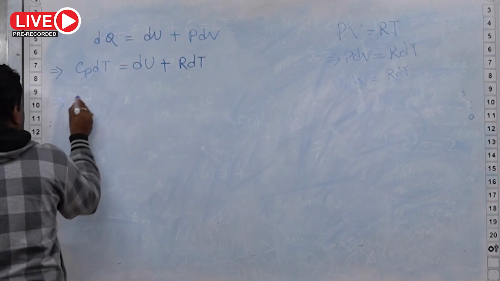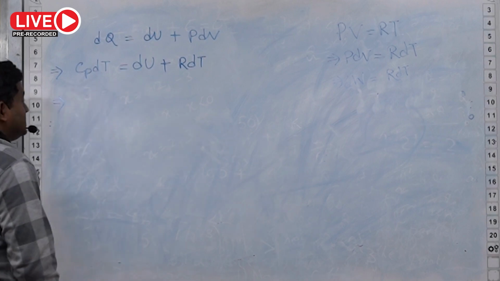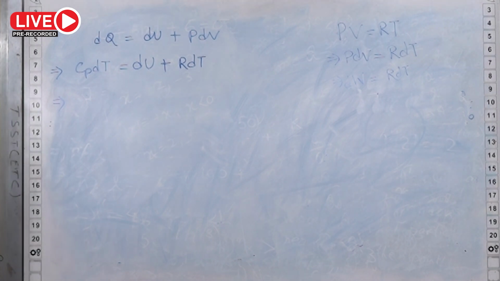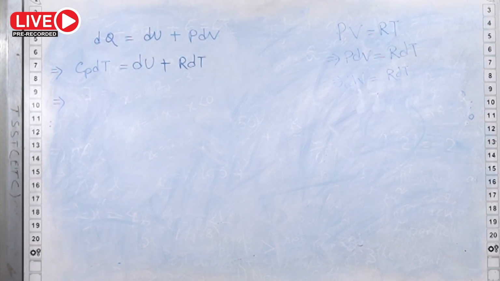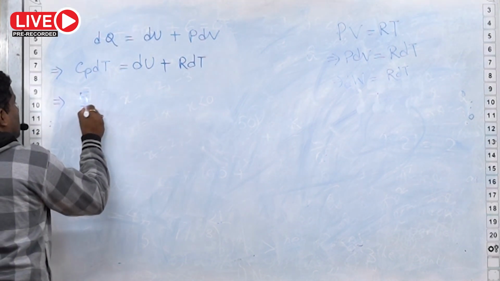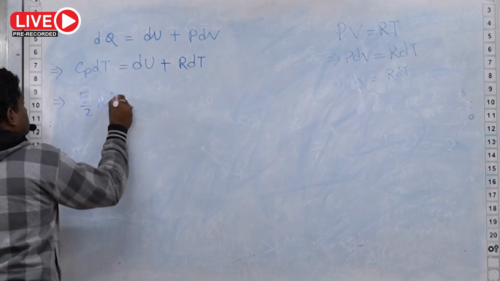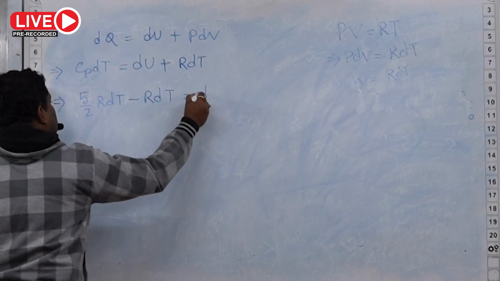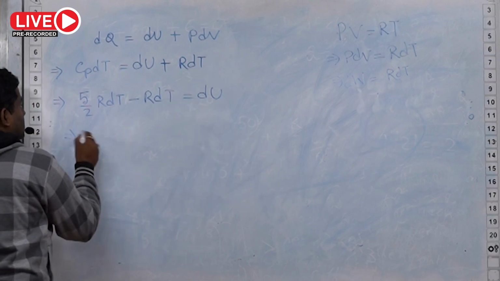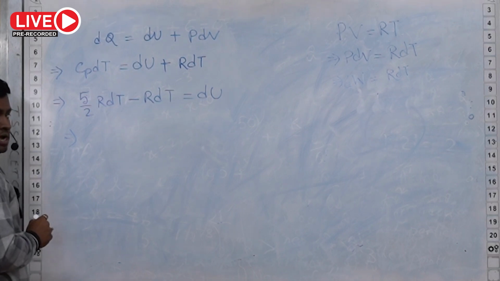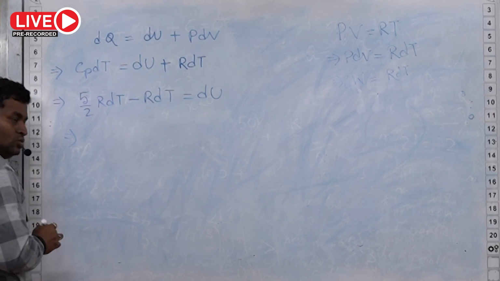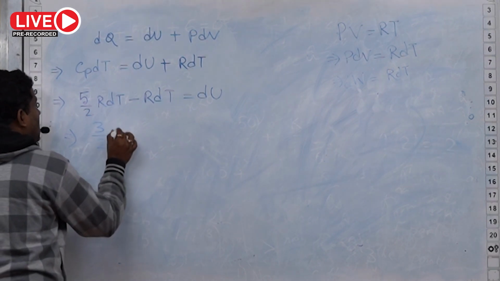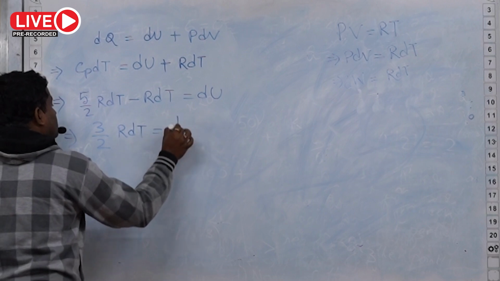Now this Cp is how much? 5/2 R. So 5/2 R dt minus R dt equal to du. Then taking R dt common, you can write 5/2 minus 1, that is 3/2. So 3/2 R dt is equal to du.